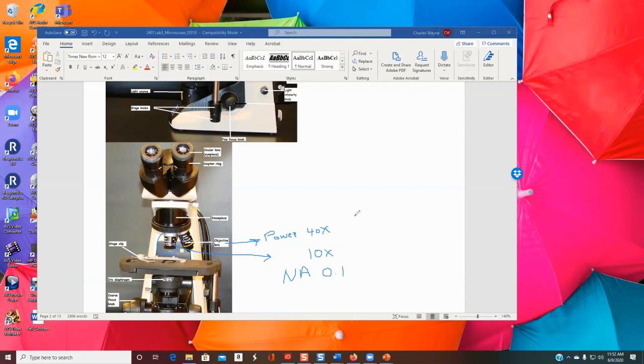The power, which is, gee, did I make another mistake? The power is not doing so good today. Hopefully I can get it back. Well, try that again. There we go. The power, which is actually 4x.